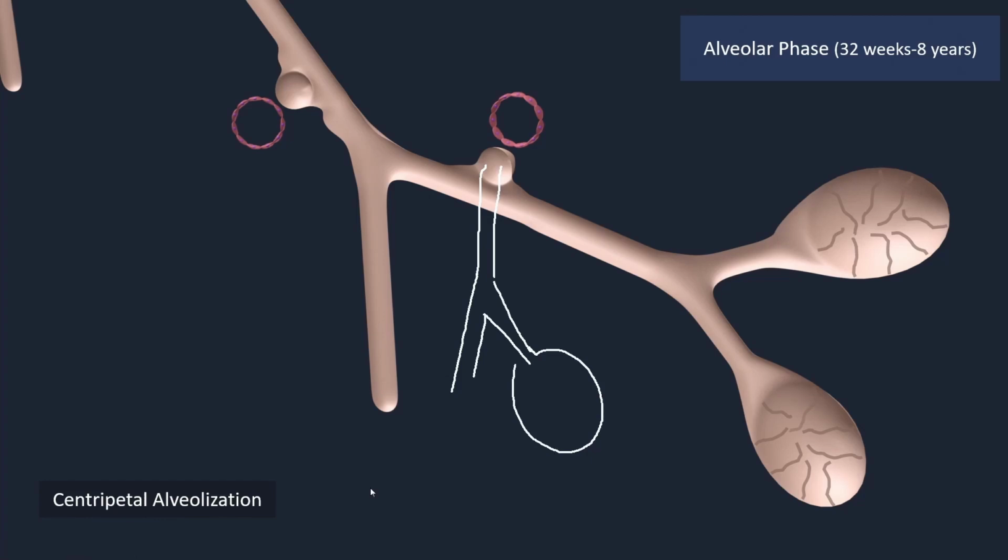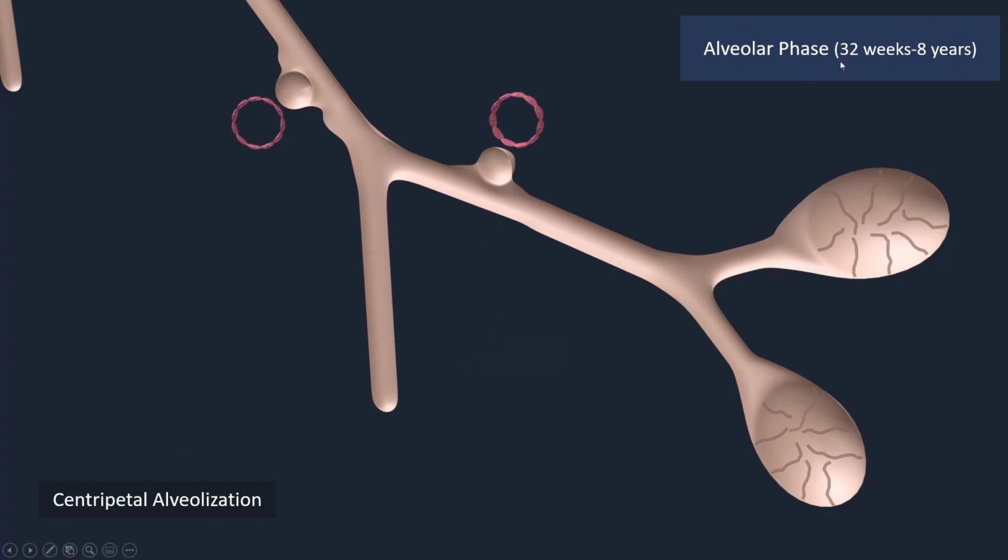So according to centripetal alveolization, the number of respiratory bronchioles may increase, but the other widely accepted hypothesis is that there is formation of new alveoli by the subdivision of already formed alveoli. This is the classical theory. Perhaps both of these processes occur during the development of alveoli.